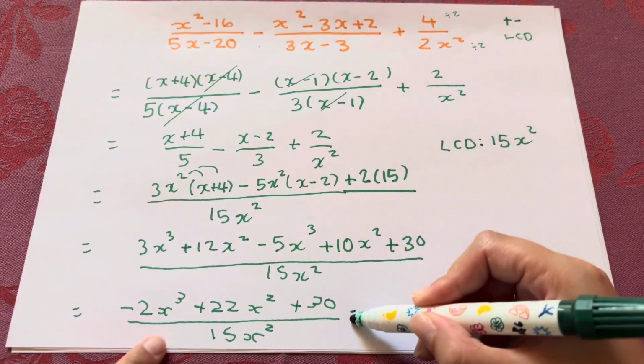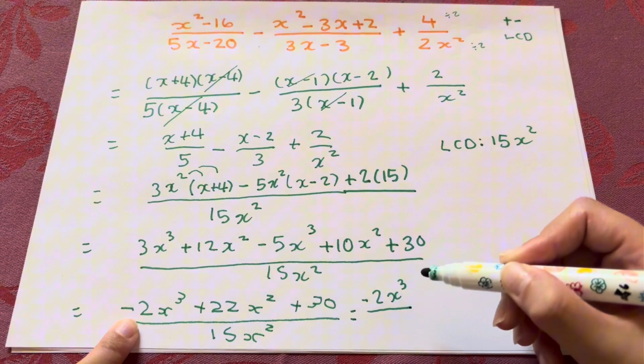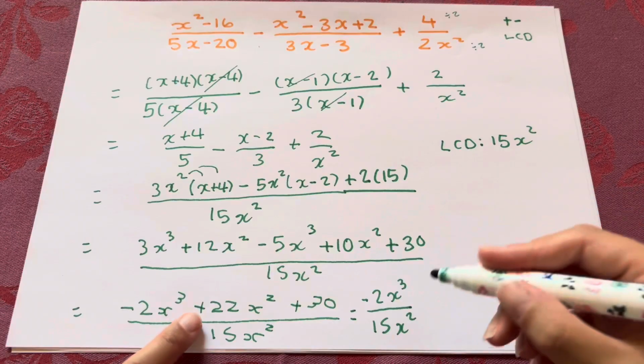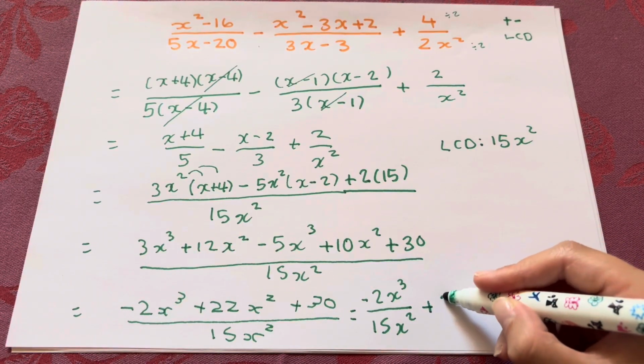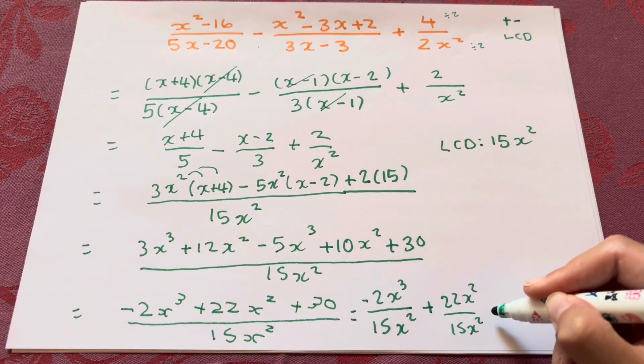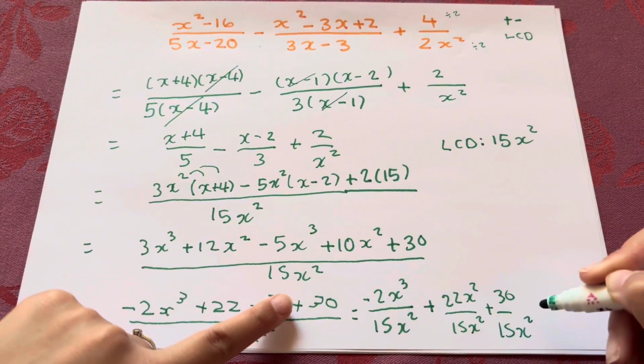So the splitting property says you can put minus 2x to the power of 3 over 15x squared, separated by the term here, plus 22x squared over 15x squared, plus 30 over 15x squared.